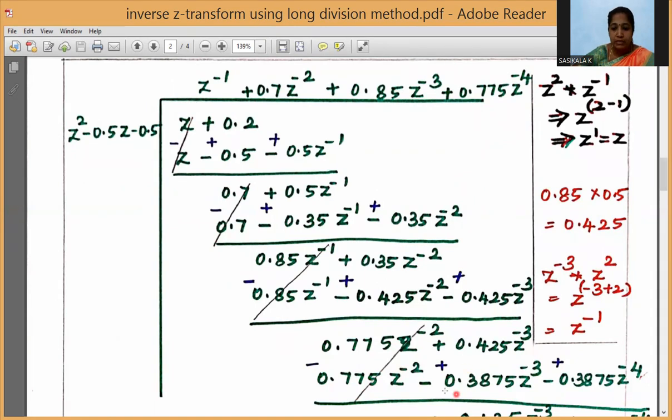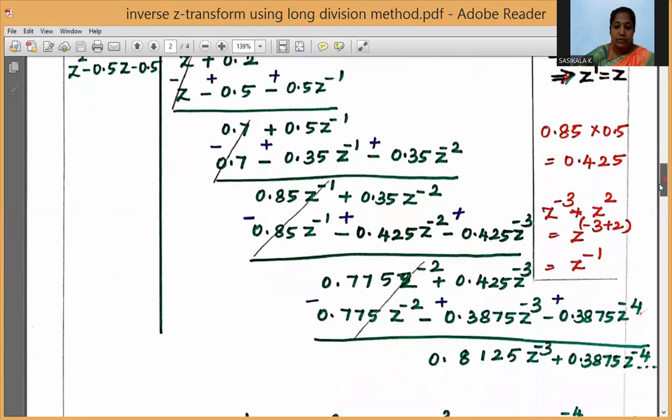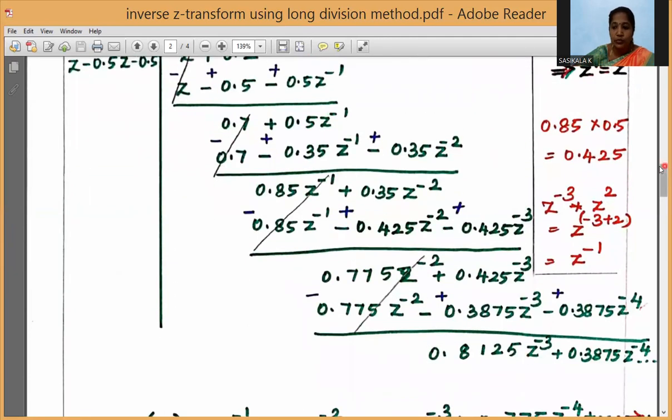Again minus into plus, minus 0.5 into 0.775 will give you 0.3875 z power minus 4. So this process continues.